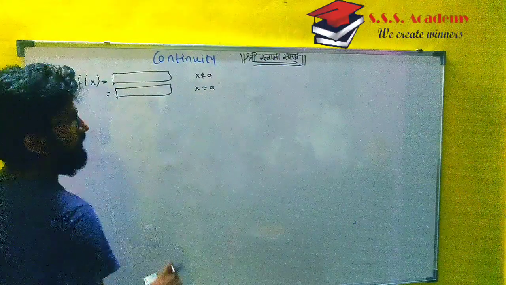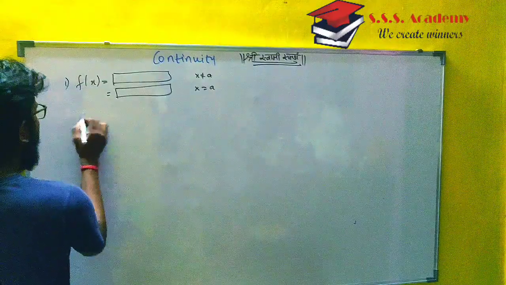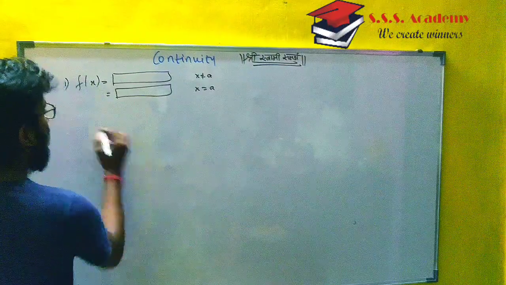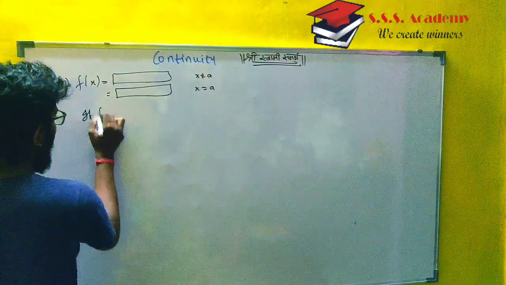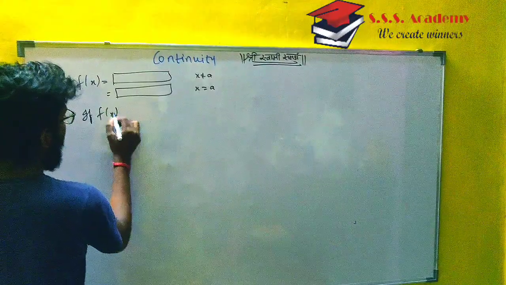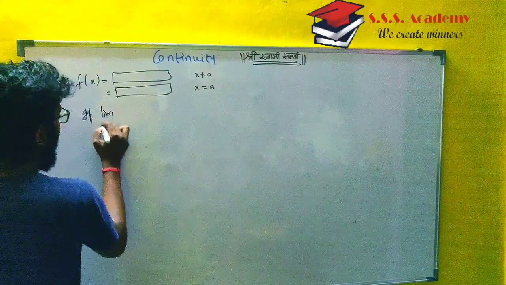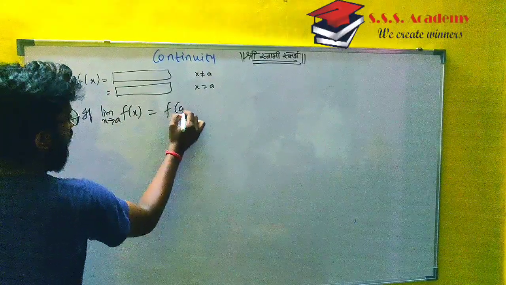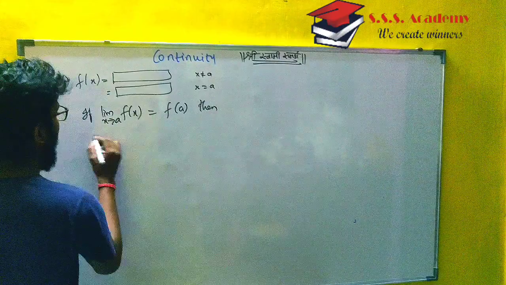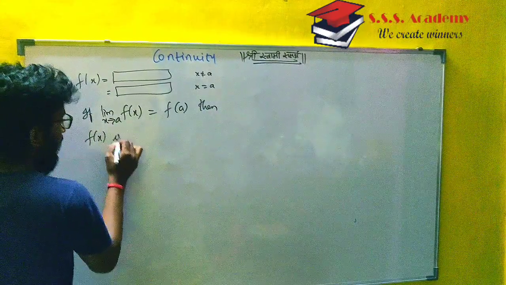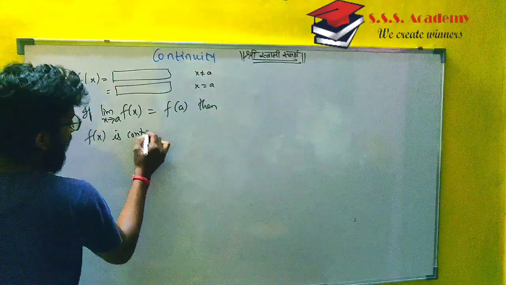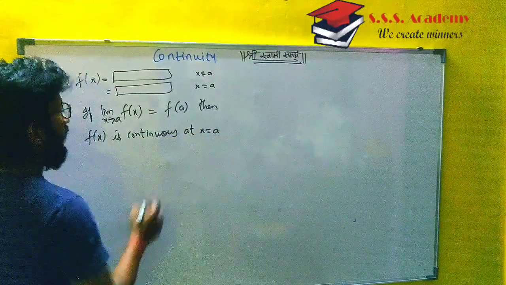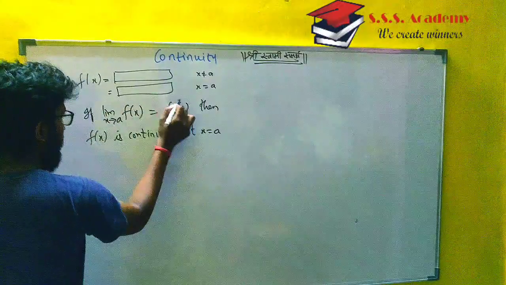To check whether this type of function is continuous or not, we'll say that if limit x tends to a, f of x is equal to f of a, then we say that the function is continuous at x equals a. This is the important part.